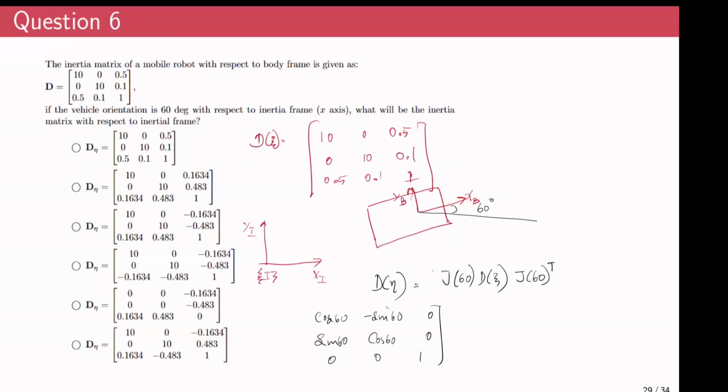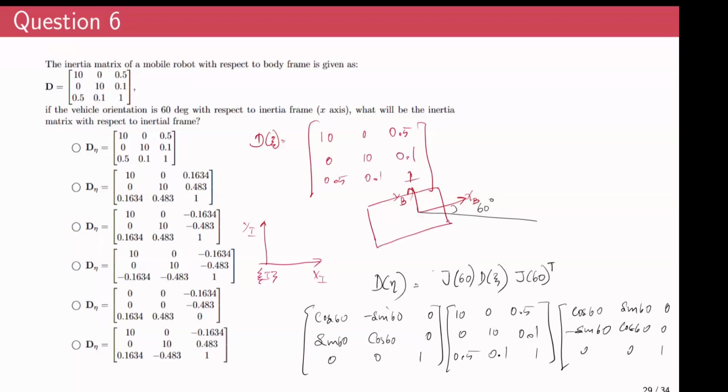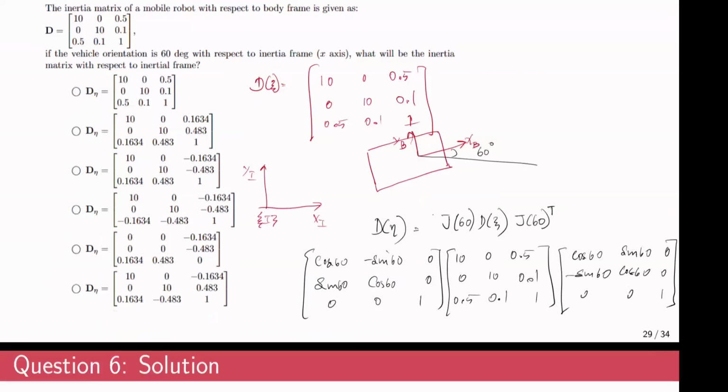Then you multiply this out with the mass matrix, 10, 0, 0.5, 0, 10, 0.1, then 0.5, 0.1, 1. Then multiplied with J transpose. That is cos 60, sine 60, 0, minus sine 60, cos 60, 0, then 0, 0, 1. So if you multiply this out, you will get the value for the mass matrix with respect to the inertial frame of reference.